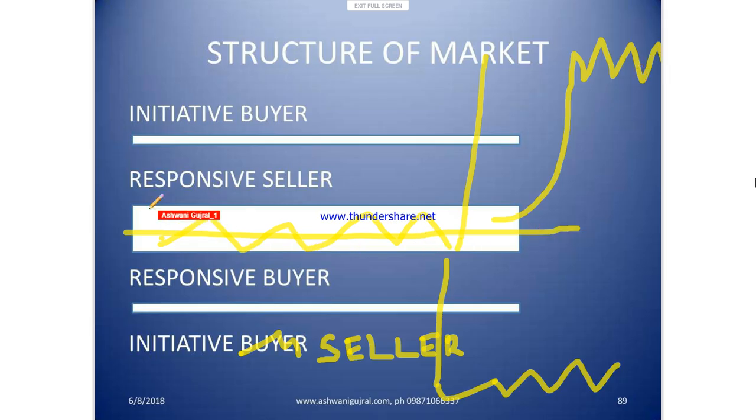That is the reason we want to buy or sell near the 200, because we want the initiative buyer or initiative seller to take control. So the theory that we discussed in moving average is exactly the same as the one we are talking about on pivots. The names are different, the price levels are different. On moving average, we are talking about previous day high low. On the pivots, we are talking about S1 R1.